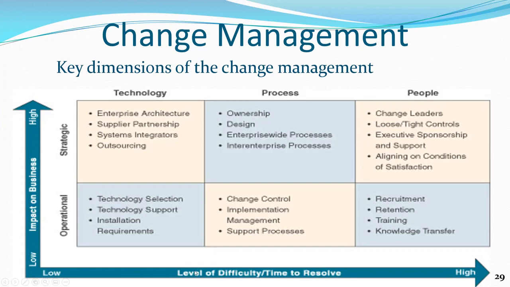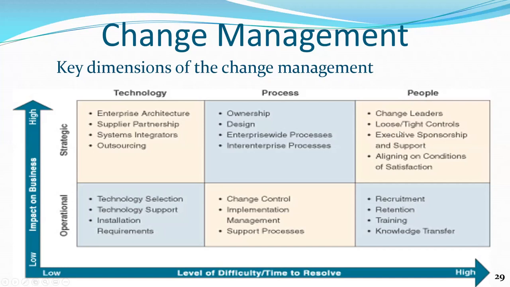In terms of the level of difficulty of change or time to resolve, the highest is people. You can change the technology, you can change the processes, but changing people is very difficult, right? So you can see that the x-axis shows the level of difficulty, the y-axis shows the impact on the business, and you can see the change leaders, right?